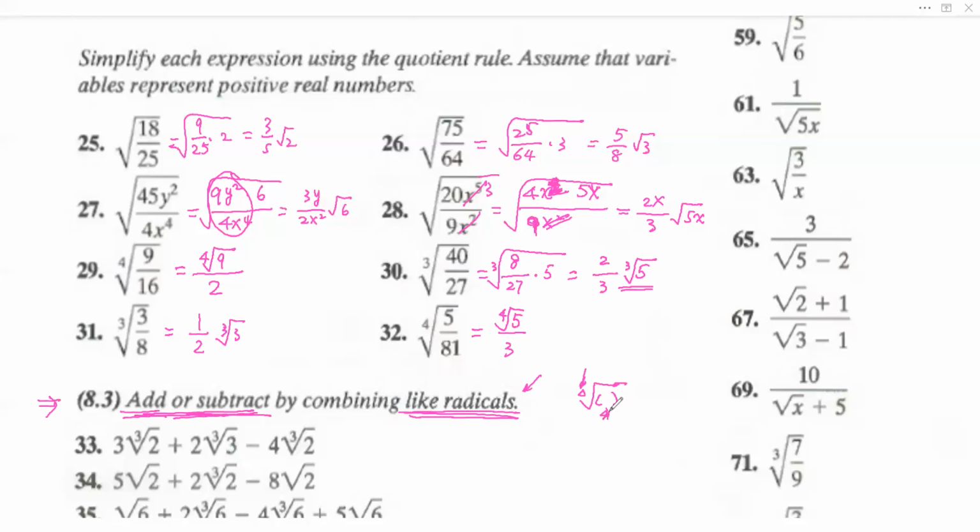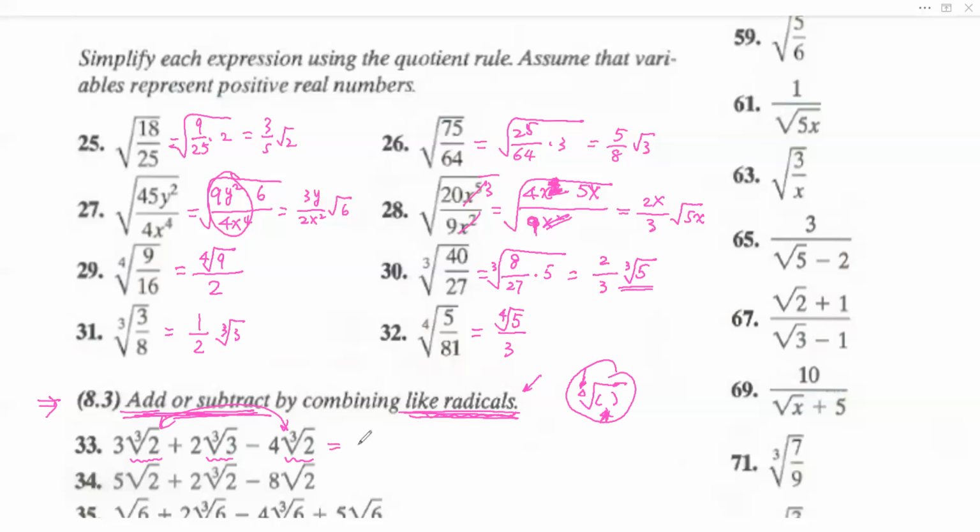Then you can identify whether they are like radicals or not. See number 33. Cubic root 2 and cubic root 3 are not like terms, but the two cubic root 3 terms are like radicals.